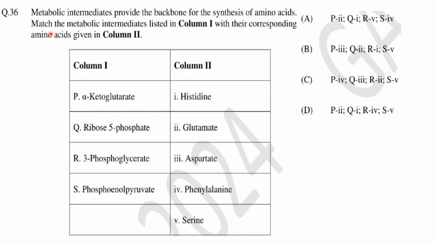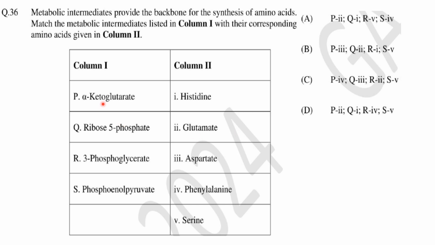Then next one. Metabolic intermediates provide the backbone for the synthesis of amino acids. From the Krebs cycle, metabolic intermediates, amino acids are also formed, like from alpha ketoglutarate. Match the metabolic intermediates listed in column 1 with their corresponding amino acids given in column 2. So alpha ketoglutarate is the metabolic intermediate for which amino acid?